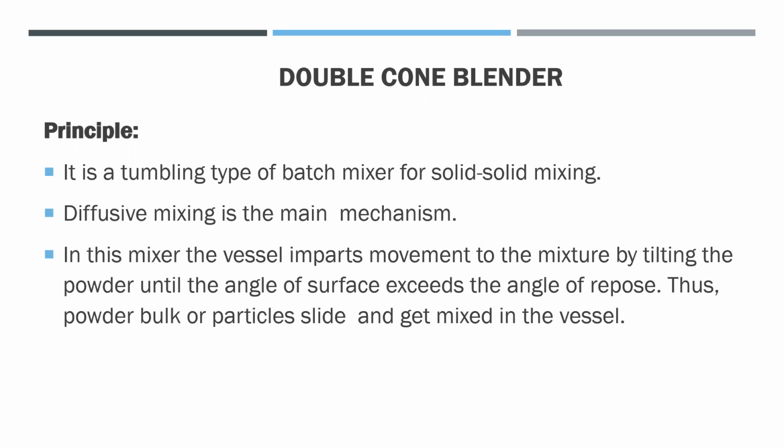So in this mixer, the vessel imparts movement to the mixture by tilting the powder until the angle of the surface exceeds the angle of repose, and thus the powder of the bulk or particles slide and get mixed in the vessel.